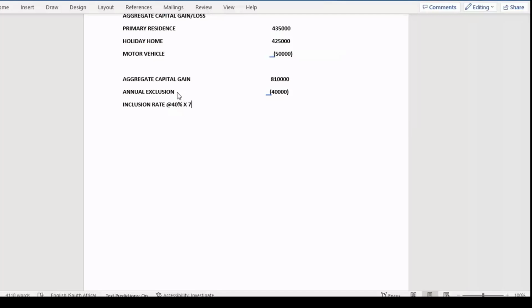Okay, times 710,000. Your aggregate capital gain is 308,000.